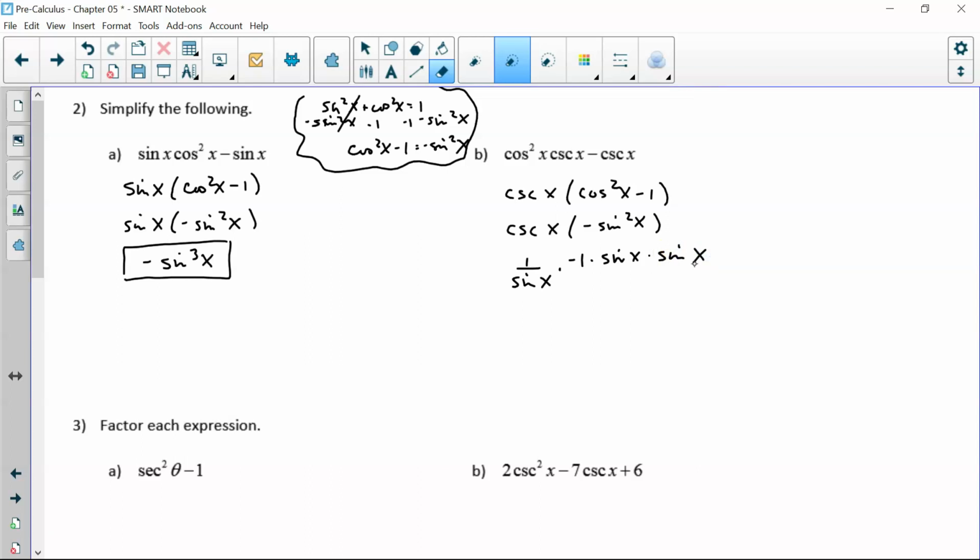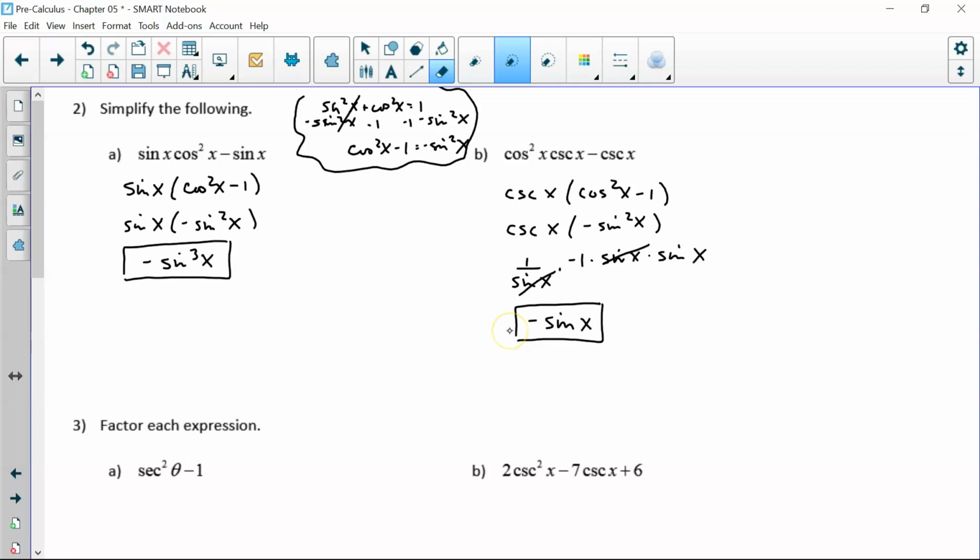I'm going to write it like this because you can see a sine of x on the top and a sine of x on the bottom cancel out. So we're left with negative 1 times the sine of x, or negative sine x. And there is our simplified expression.